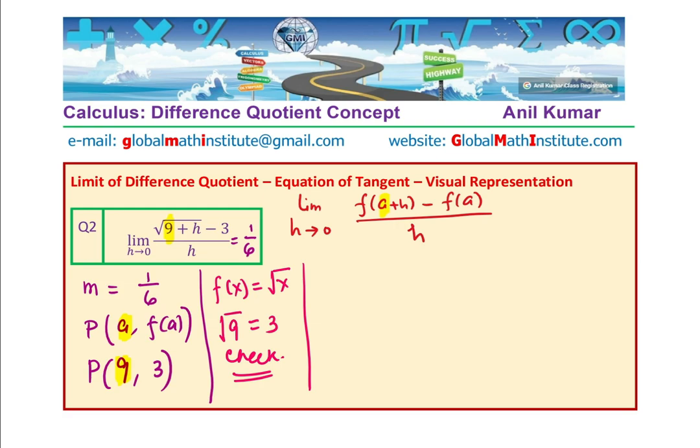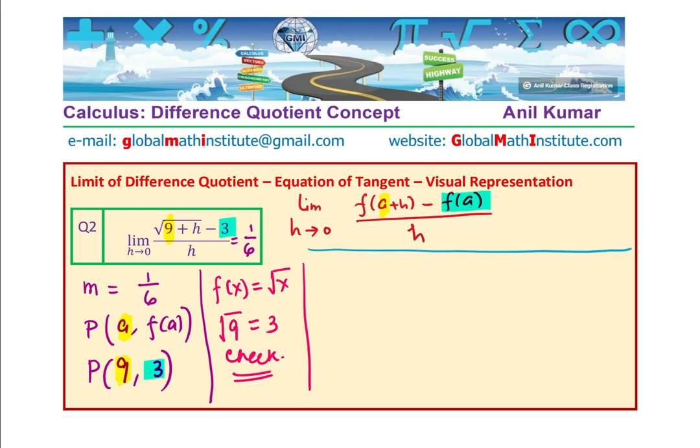And the y value at x equals a, which is 9 here, is given to you by f(a). So from the difference quotient, you can directly get this. We have to evaluate the limit though, since we need to find the slope, the gradient. Is that clear to you?